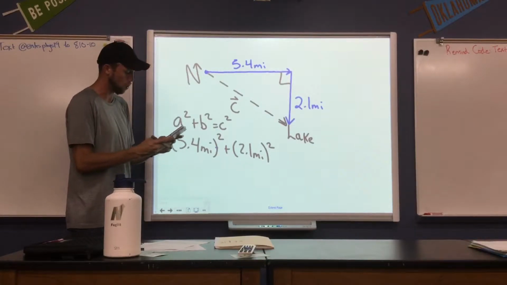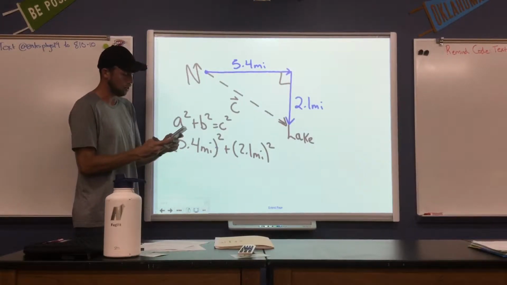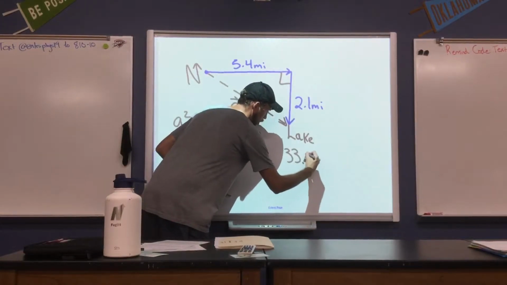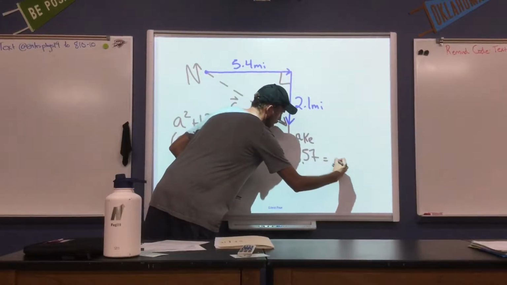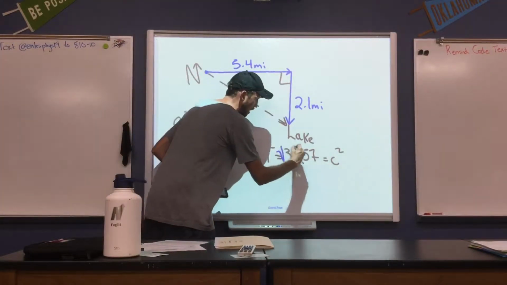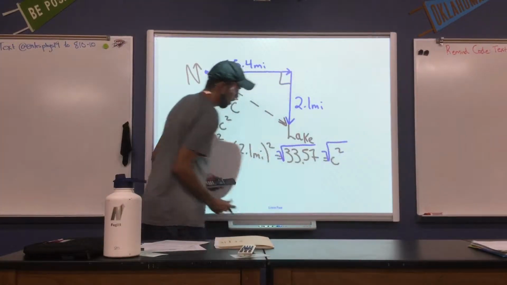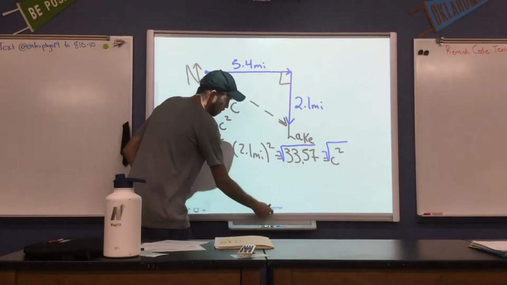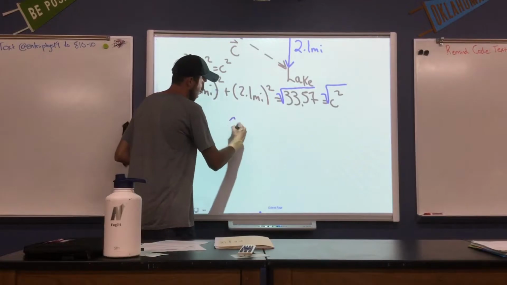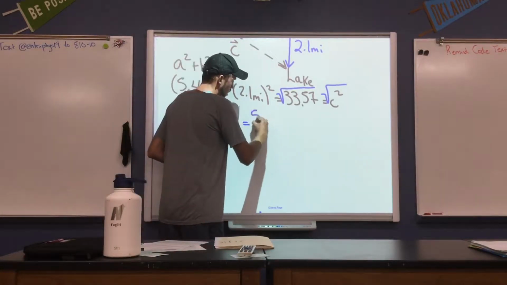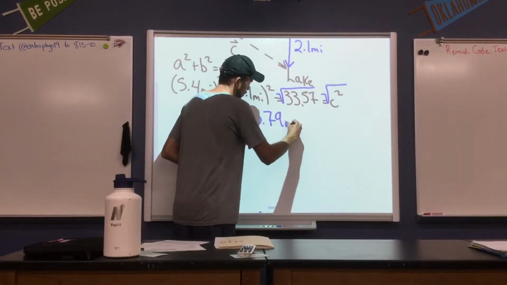So 5.4 squared plus 2.1 squared is equal to c squared, which is 33.57. And finally, to get c by itself, we'll then take a square root. So then we'll square root our value here, 33.57. We get approximately 5.79. So our magnitude, our hypotenuse effectively, is 5.79 miles.